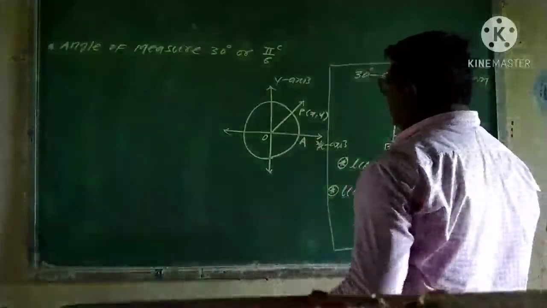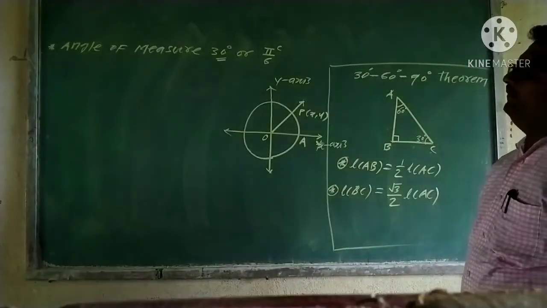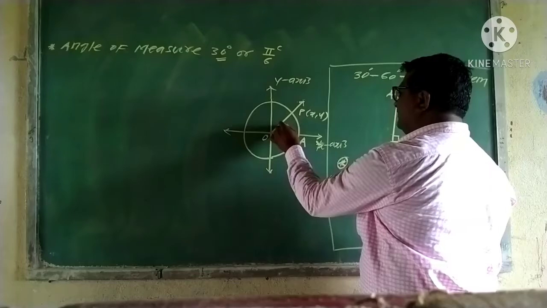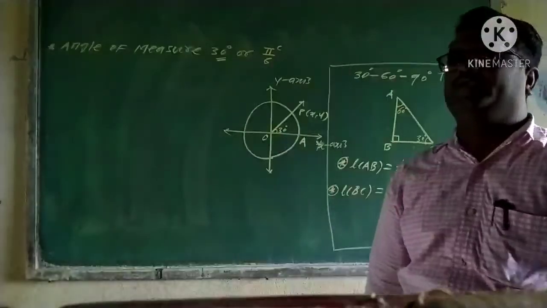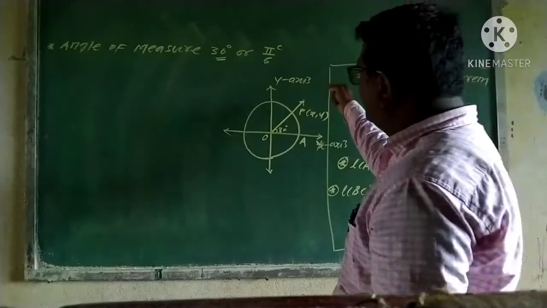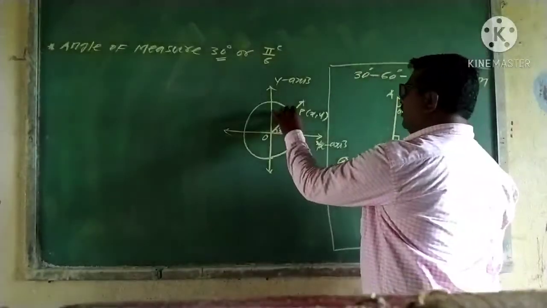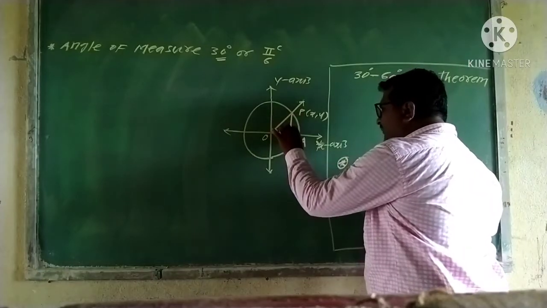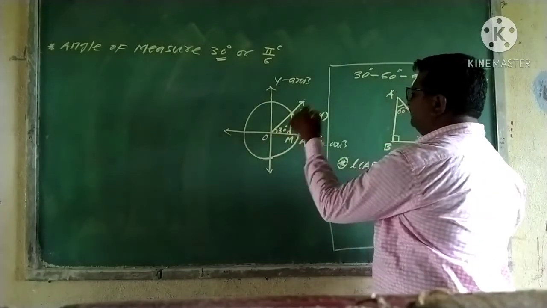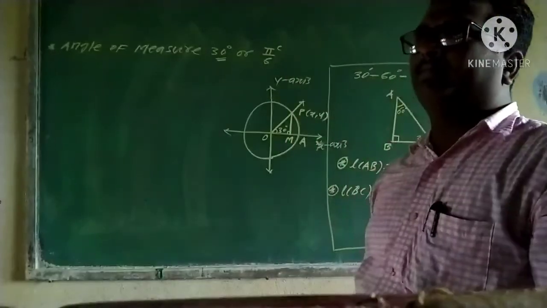Now here we have to find the value of angle of measure 30 degree, so the central angle here is of 30 degree. From the point P we have to draw a perpendicular on OA, which meets at the point M.